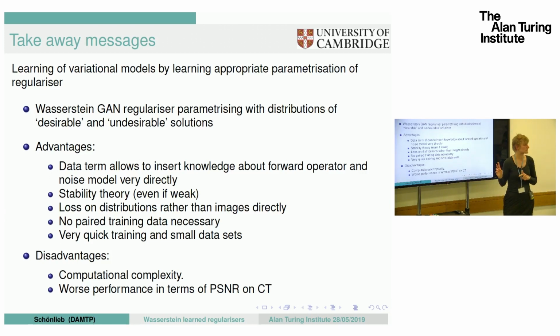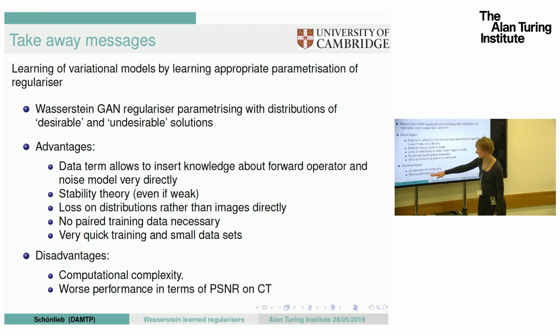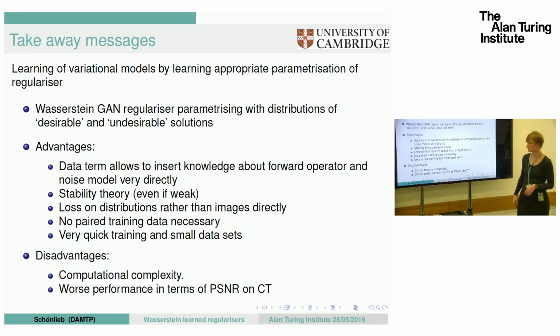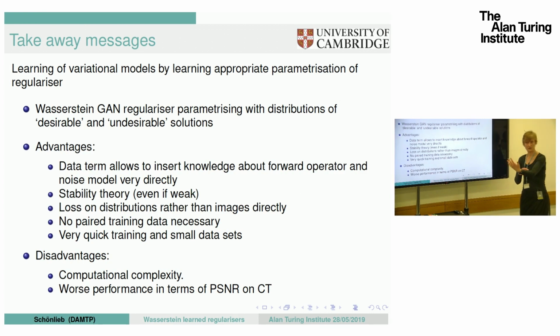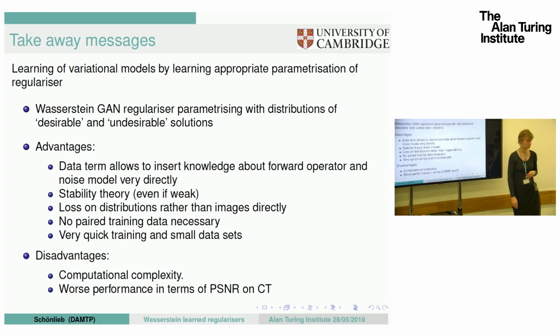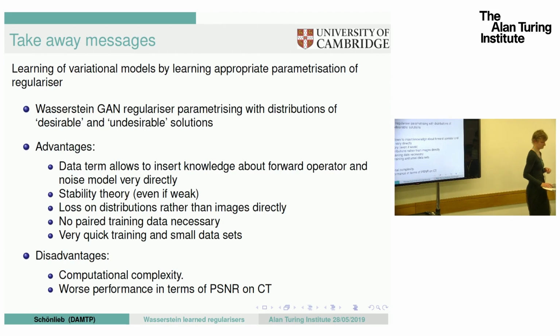Of course, we are losing this because we take the regularizer and then solve a variational regularization problem in the end. So we still need to deal with computational complexity. And in comparison at the moment to things like post-processing, we do worse in terms of the quality measures.